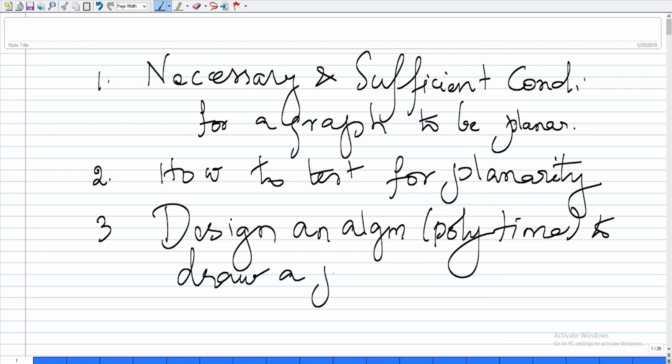We will see what these terminologies mean. If time permits today we will enter into the second and third questions, because this whole topic in itself can go for many lectures. So these three we will keep as targets, but I will try to touch upon each of them.